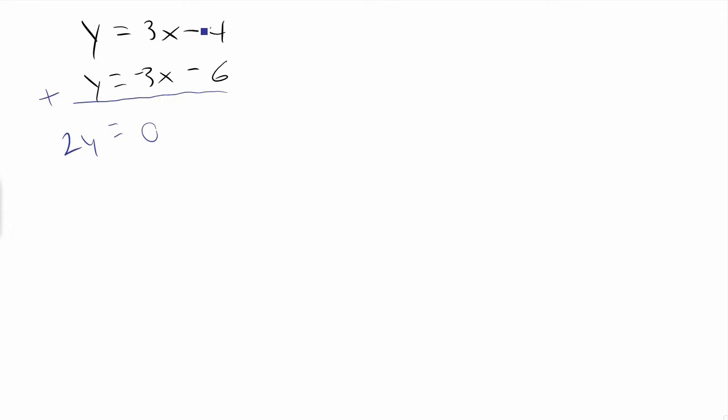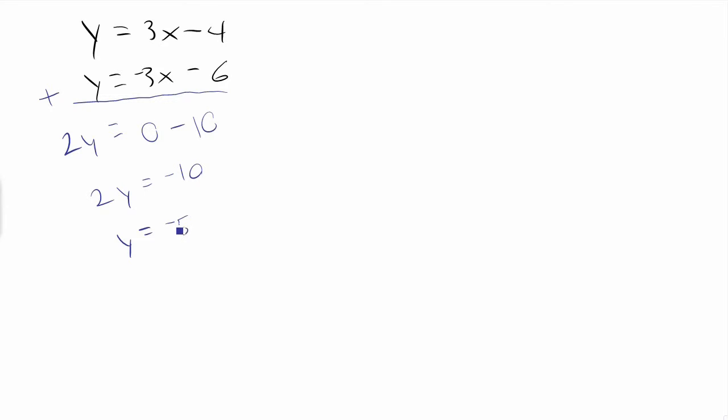Well, negative 4 plus negative 6 is negative 10. So I end up with 2y equals negative 10, and y equals negative 5, dividing both sides by 2.